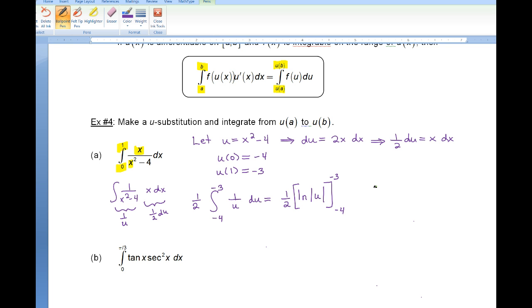You don't have to change it yet. Right, so I have integrated. The antiderivative for 1 over something is ln of the absolute value, which is good because I have negative values here. So I'm going to have 1/2, and then it's going to be ln of 3 minus ln of 4.